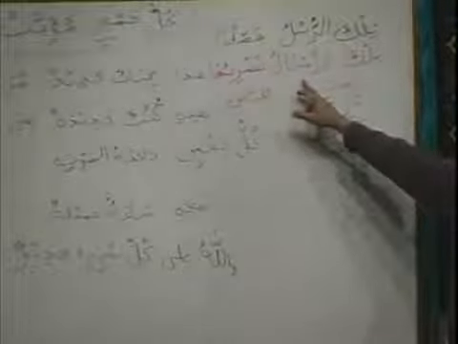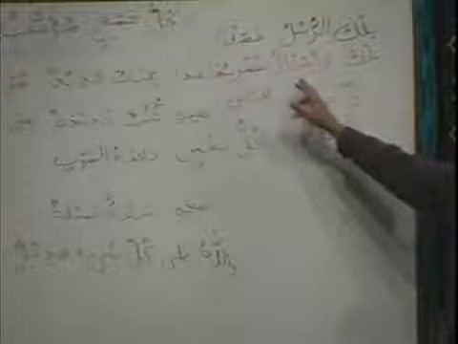Tilka al-amthalu: tilka is mubtada, al-amthalu badal, and then this is your khabar, jumla fi'liyya, nadribuha. See, where does ha go to? Ha is a singular, but it goes to the plural, because this now is treated as a singular.